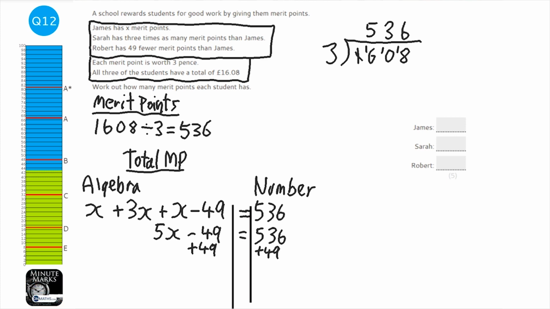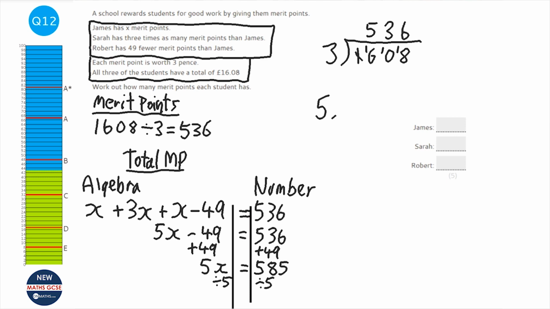Okay, and so we've got 5x equals, now to add 49 you can add 50 and take away 1. So when I add 50 I get 586, so this will be 585, so take away the 1. Okay, we're going to then divide by 5 both sides, and again I'll need the bus stop method.